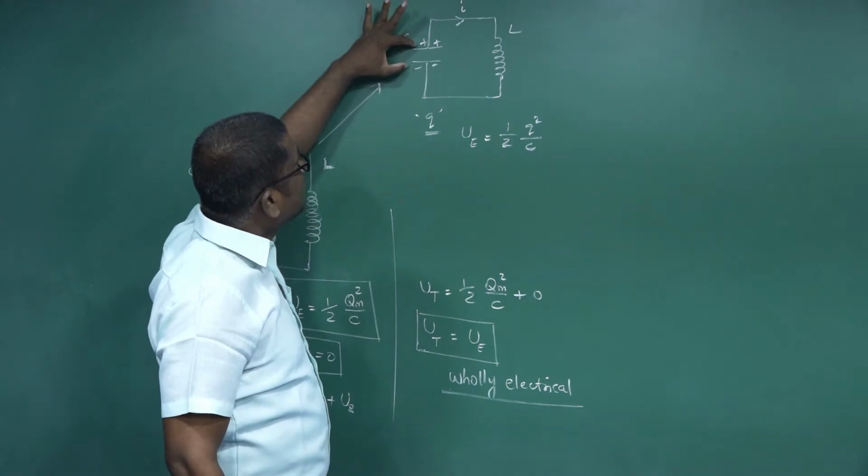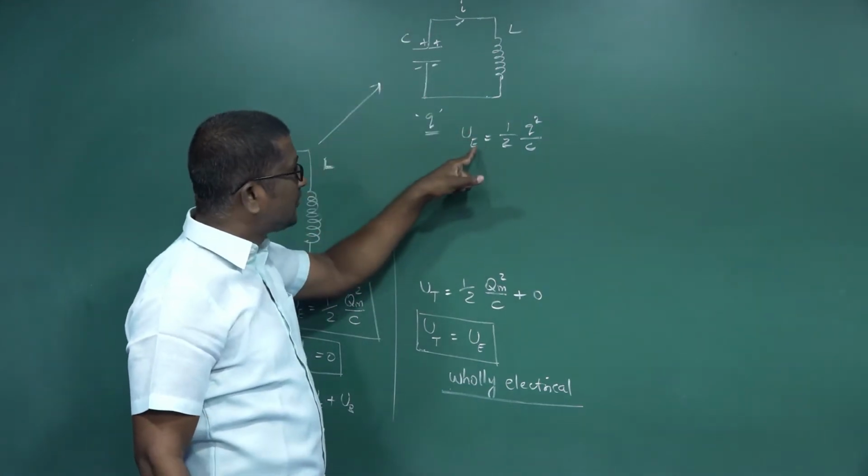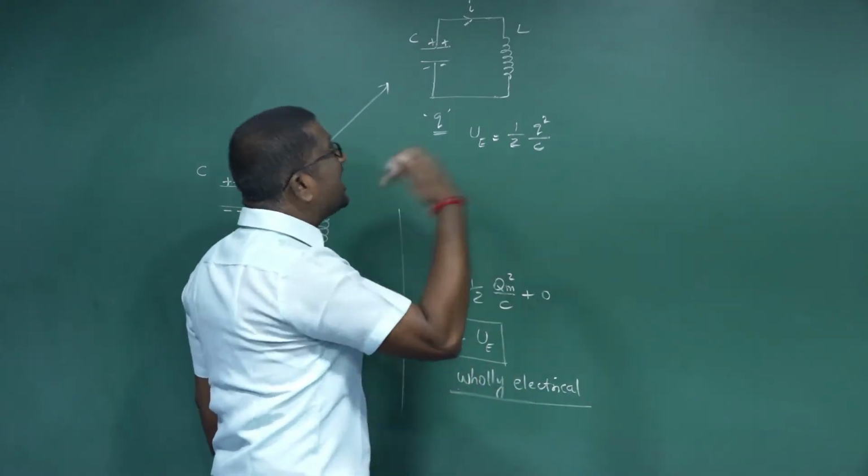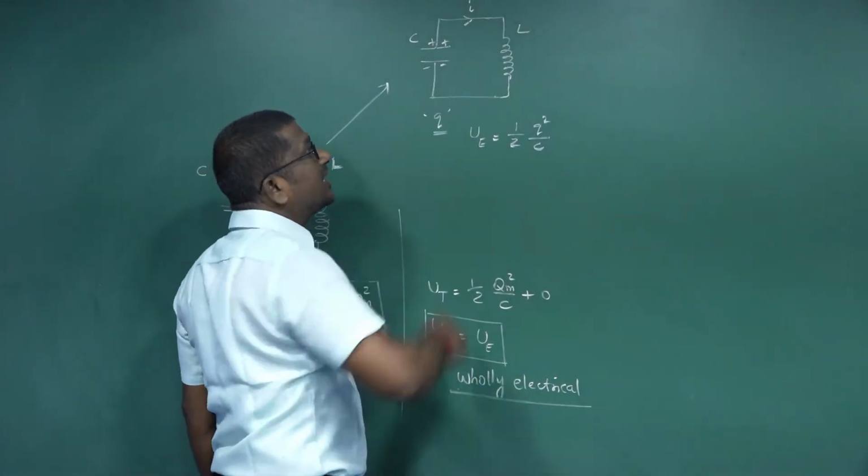The energy in the capacitor at that instant is U_E equal to Q squared divided by C. And the remaining energy is transferred to the inductor.